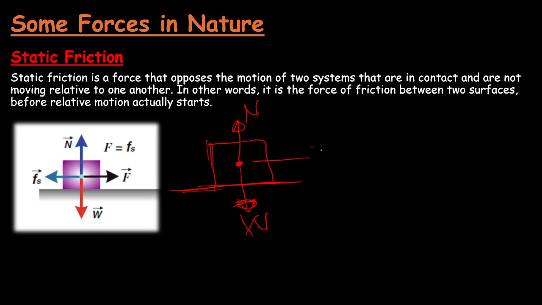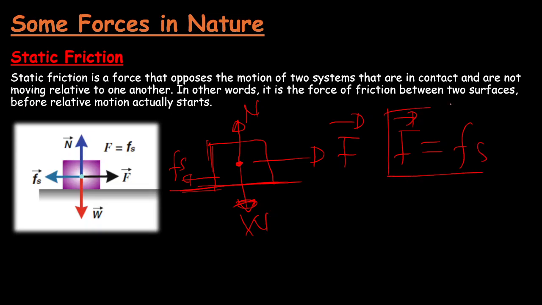This will be our normal force. Now, if we are pulling this block by, let's say, force F, this block will experience some friction that will be in opposite direction. Now, since this block is not moving, we have what? Static friction. What this means is, since this block is not moving, the pulling force is equal to static friction.